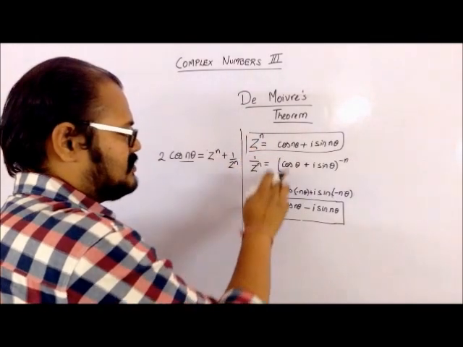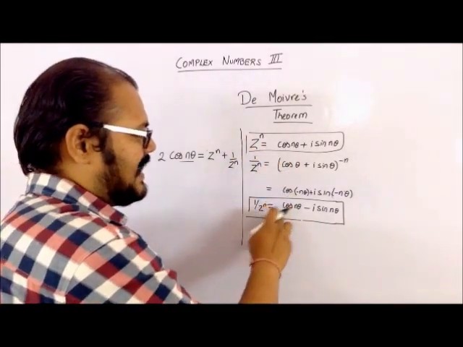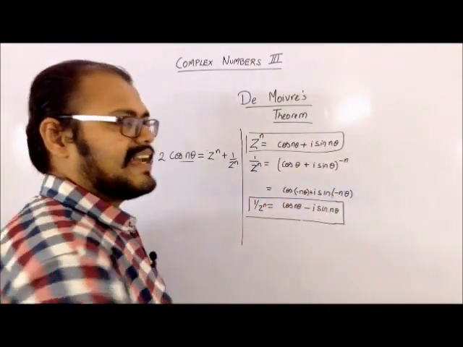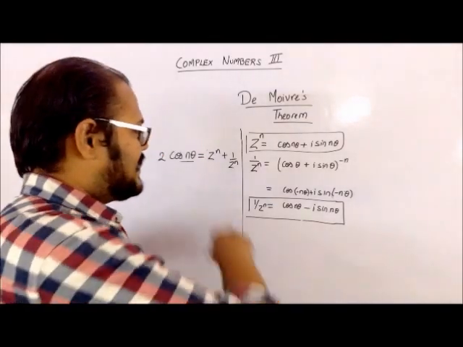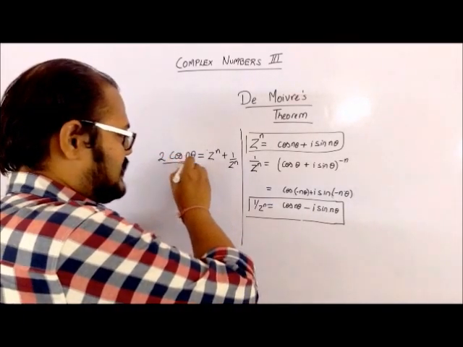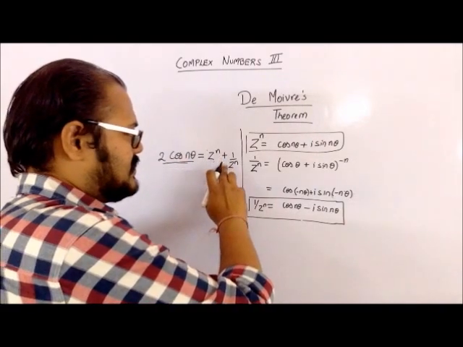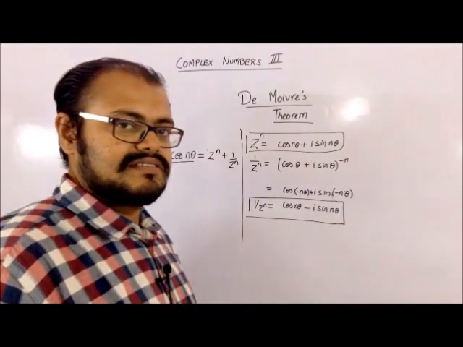Now if I add both these equations, the imaginary terms get cancelled out, and so I get 2 cos n theta as z raised to n plus 1 by z raised to n.